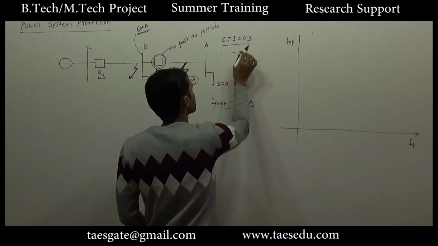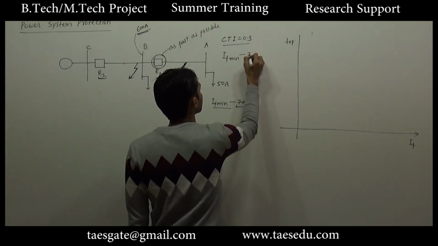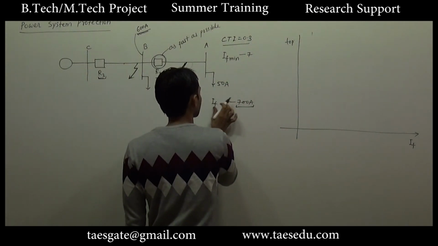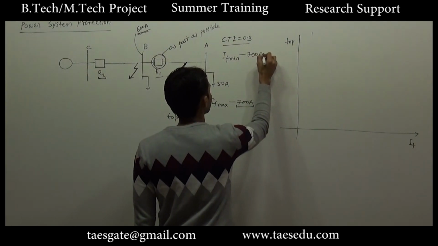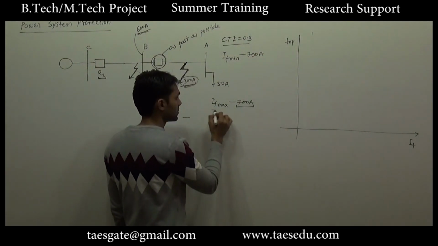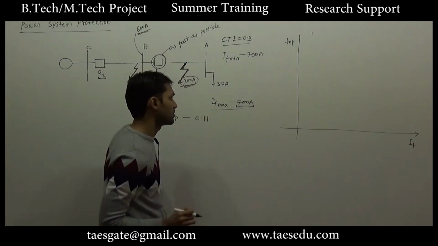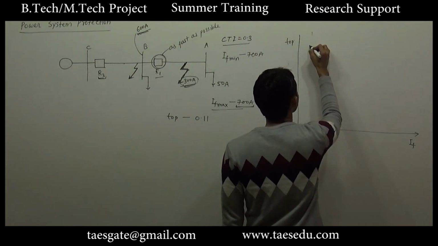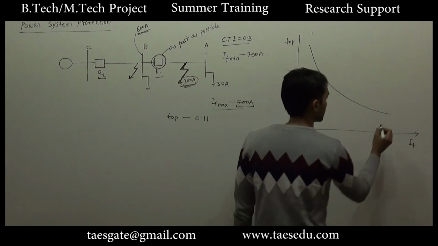In the question, change the maximum fault current at bus A to 700 ampere. So for this fault current we calculated the operational time 0.11 second. So the characteristic of operational time versus PSM will be like this.